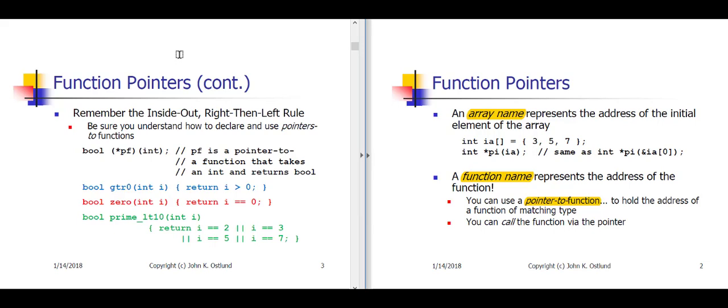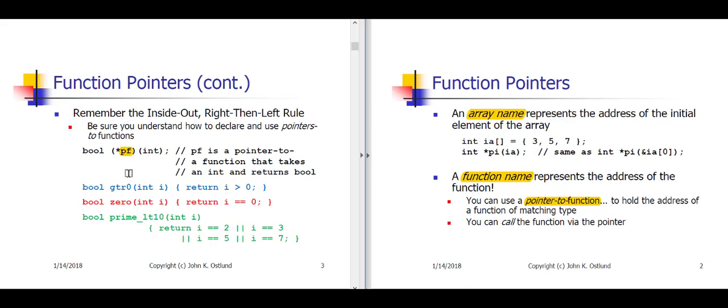For example, here on slide 3, and here we need to remember our inside out, right then left rule. This is an extension to that rule that we already talked about in context of arrays and pointers. PF here is a variable whose data type is pointer to function taking int and returning bool. Now, following our right then left rule, we start with the name of the variable, PF.